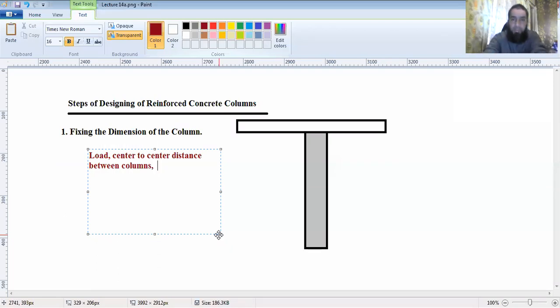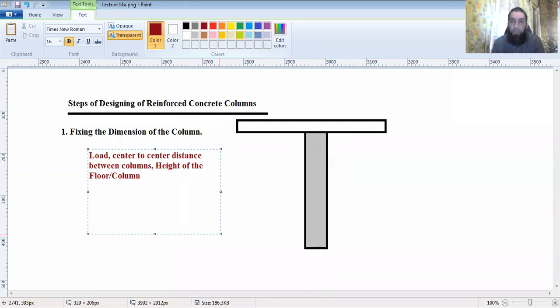What would it also depend upon apart from these two things, load and center distance between the columns? Anyone? Yes? Any idea? What would the dimension of the column also depend upon? It would depend upon the height of the floor or column. Now, the other dimensions, which are the width and the depth, would be dependent upon the height of the column. Why so?